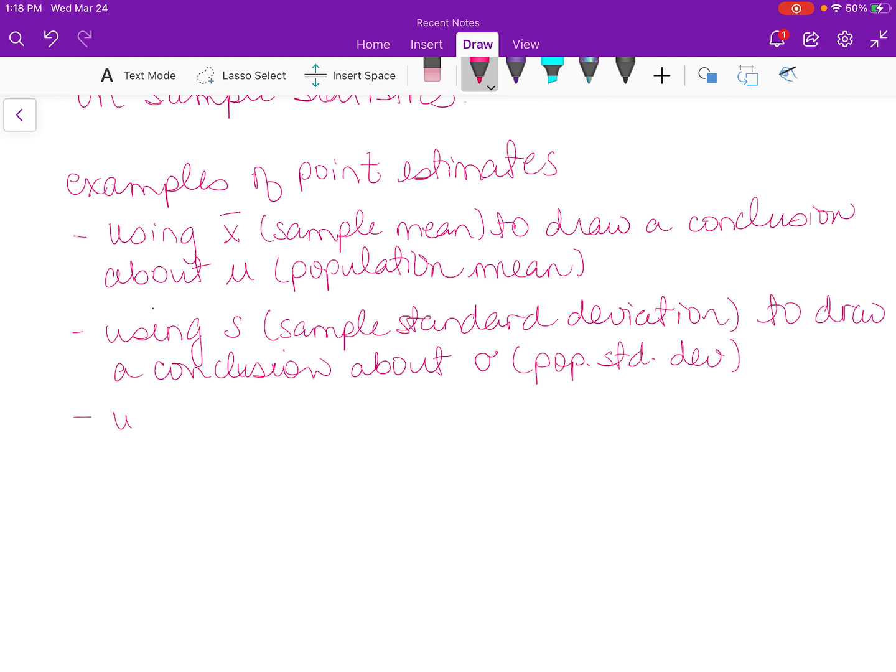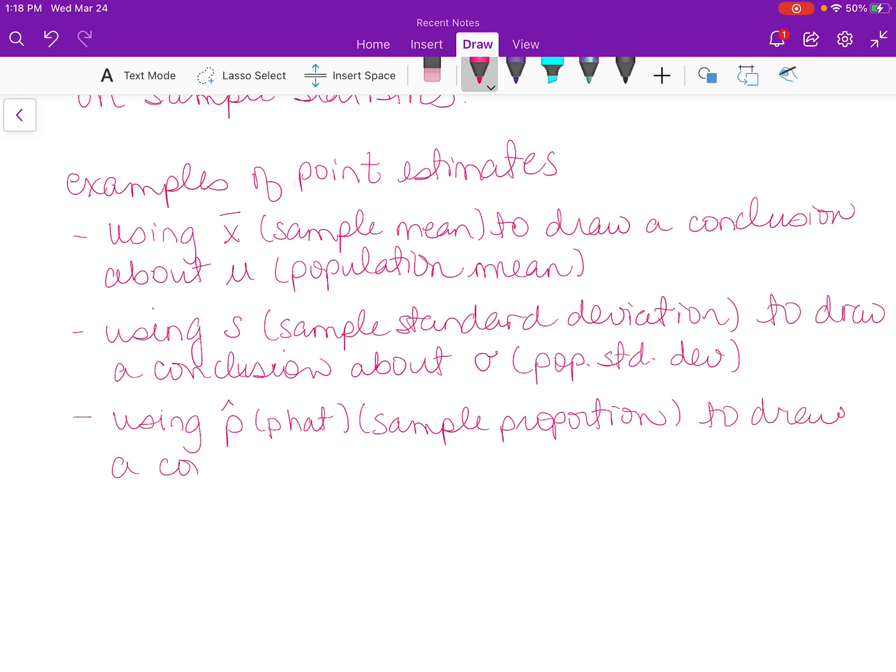And then the third example would be using what we're going to call P hat, not fat, but P hat, which is sample proportion, to draw a conclusion about P, which is population proportion.